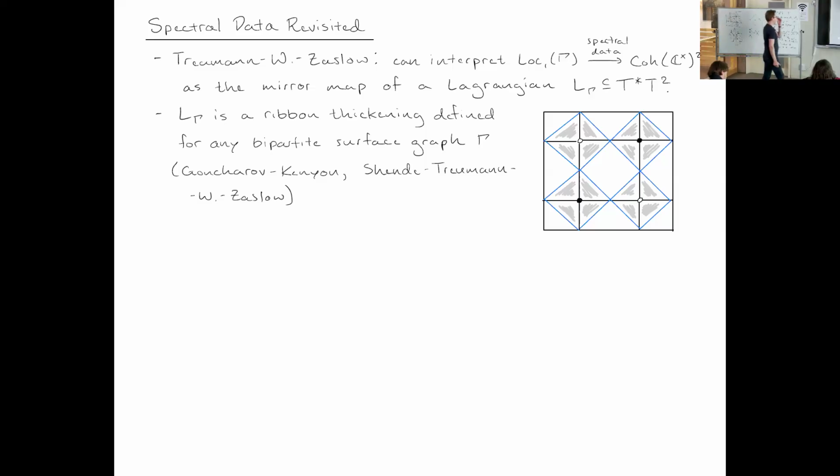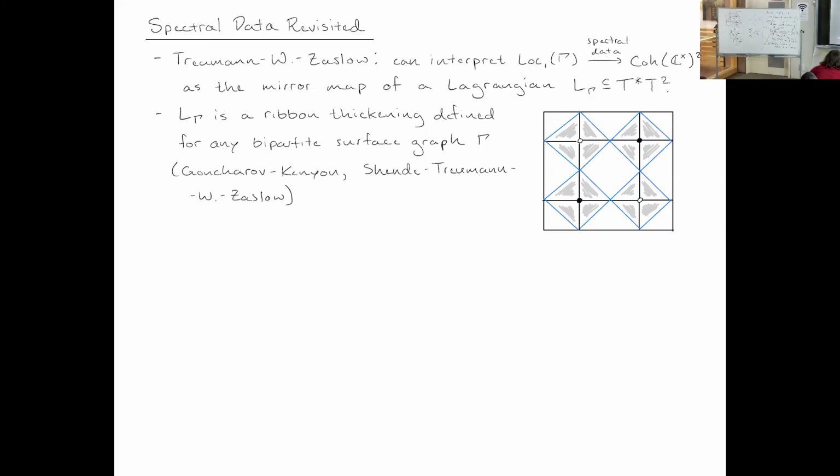And if you have a graph, the claim is that there exists a surface L gamma, which first of all is a ribbon thickening of gamma. So they are homotopic. In particular, local systems on L gamma are the same as local systems on gamma. And if you have a fixed Lagrangian, then local systems on it parameterize a family of objects in the Fukaya category, hence a family of objects in the mirror.